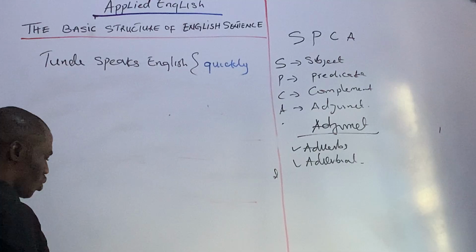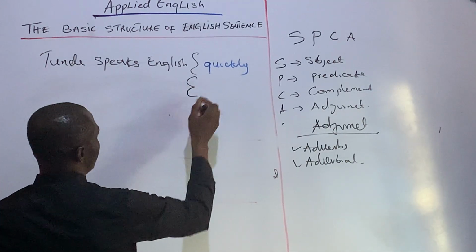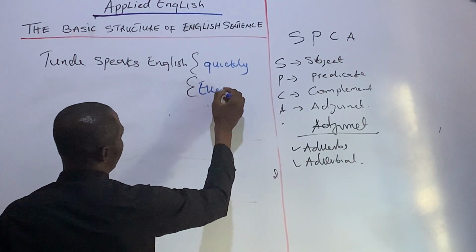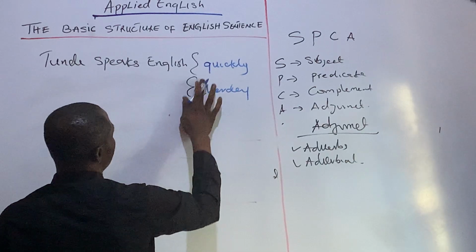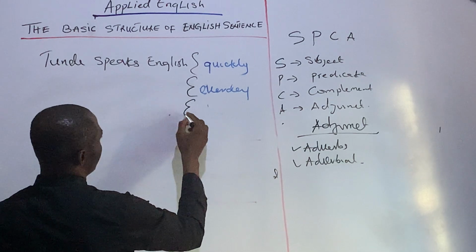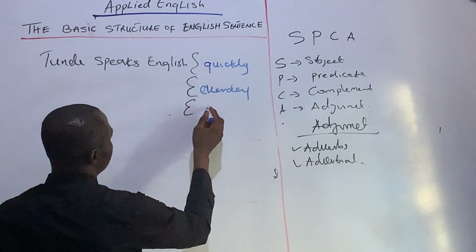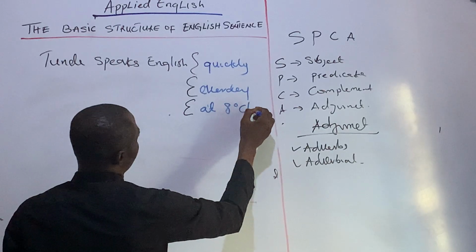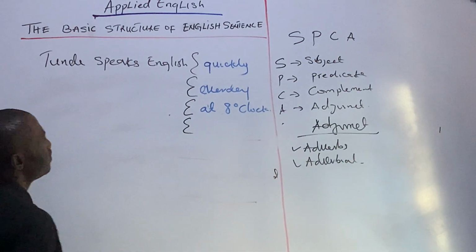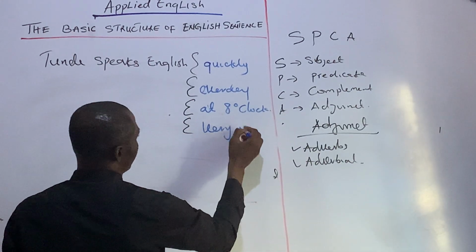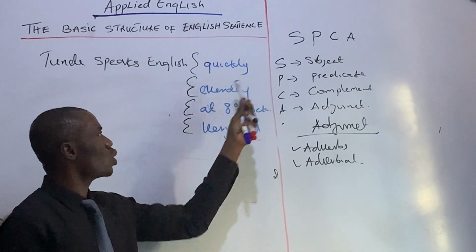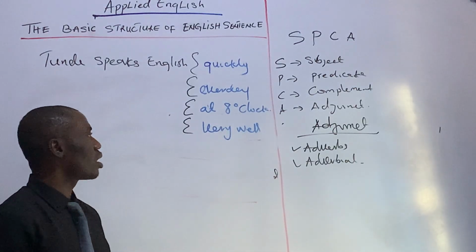Tunde speaks English quickly every day, at 8 o'clock. Very well. Tunde speaks English every day. Tunde speaks English quickly every day at 8 o'clock, very well.